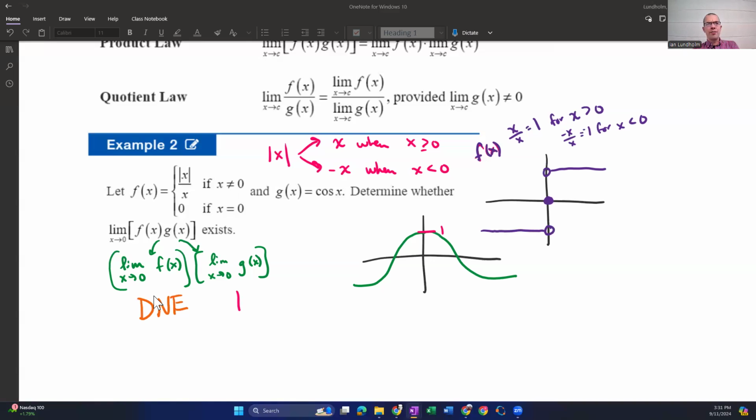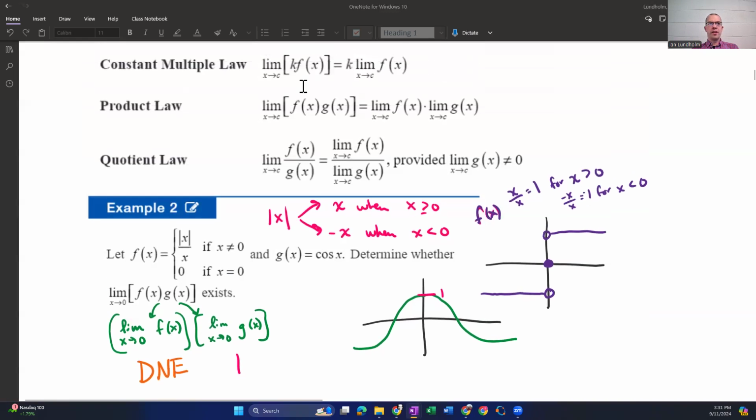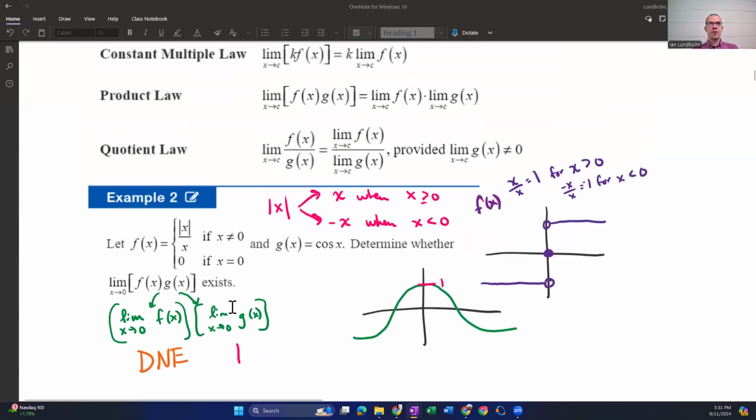You could look at the right-hand and left-hand limits separately and show that the right-hand limit for the entire function doesn't equal the left-hand limit for the entire function. But if one of these doesn't exist, then the entire limit's not going to exist.